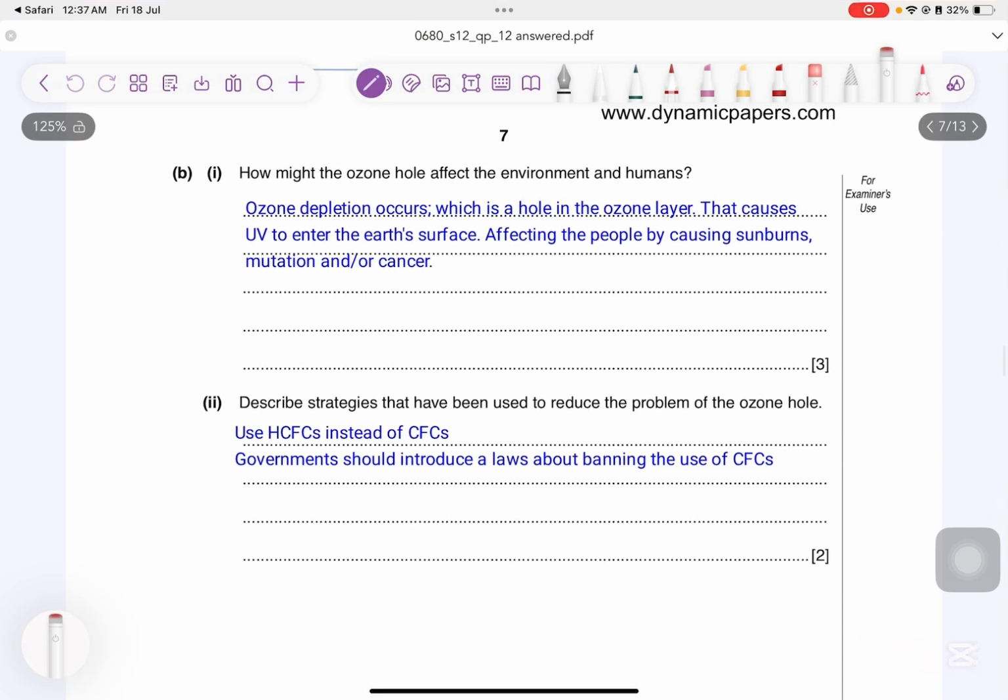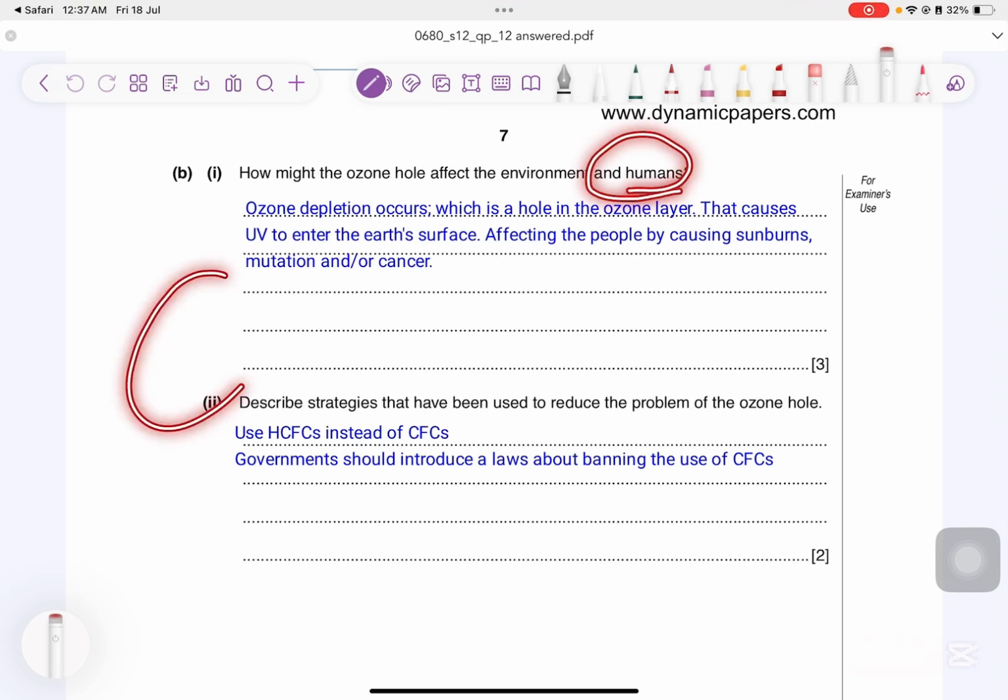How might the ozone hole affect the environment and humans? When ozone is depleted, this big hole happens. When this big hole happens, it's going to cause more UV to enter the earth. Okay, so it will increase the earth's surface temperature. It will trap more heat than it tends to.